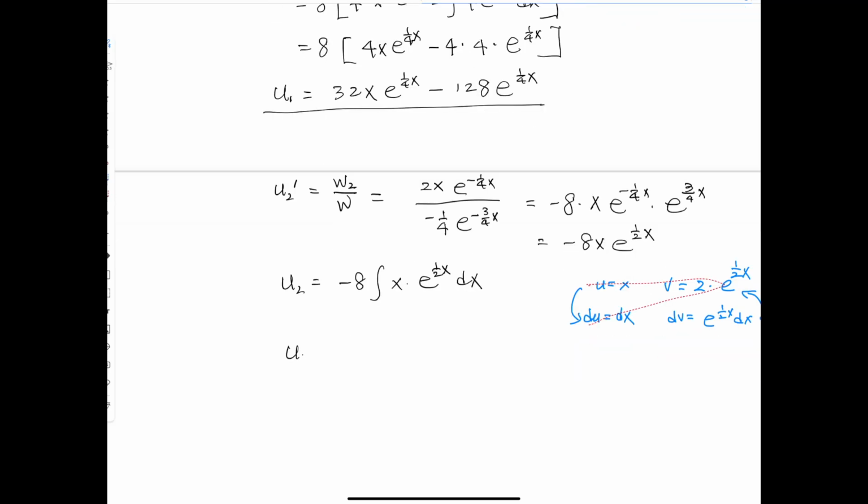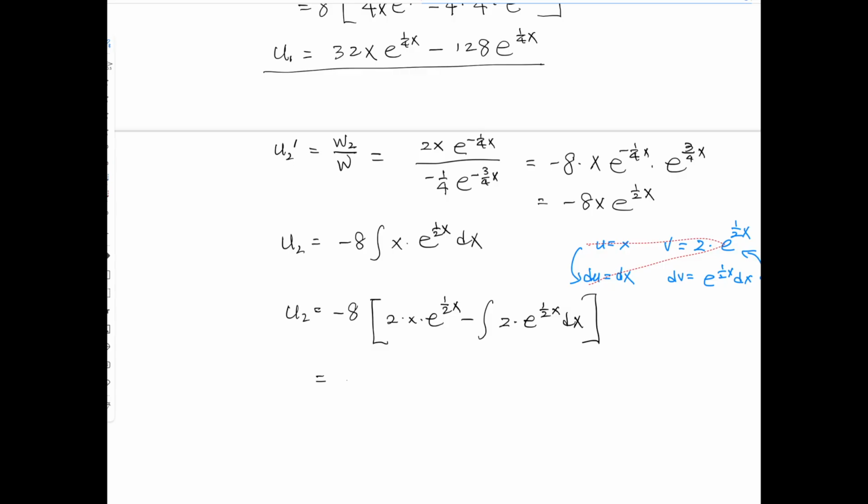So our u2 equals negative 8 times uv, 2 times x times e to the 1 over 2x, minus the integral of v du, 2 times e to the 1 over 2x dx. And that is negative 8 times 2x e to the 1 over 2x, and then minus 2 times 1 over 1 over 2, that's the 2 again, e to the 1 over 2x.